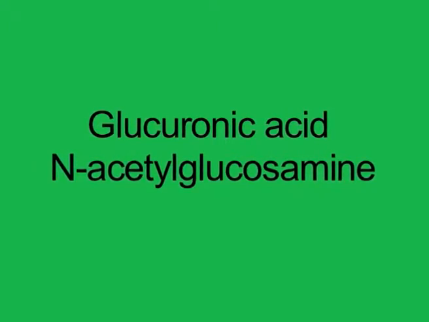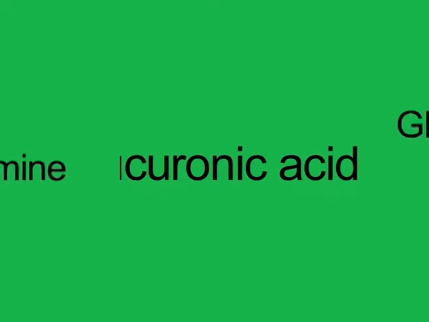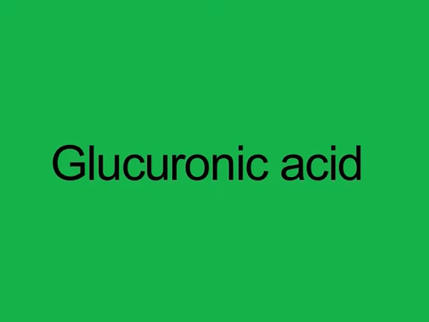Hyaluronan is formed by beta 1,4 linkage of glucuronic acid and N-acetyl glucosamine. Glucuronic acid means there is an acidic component here, and beta 1,4 glycosidic bonds are formed.